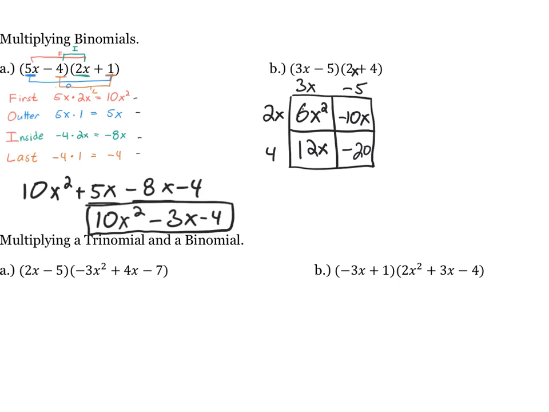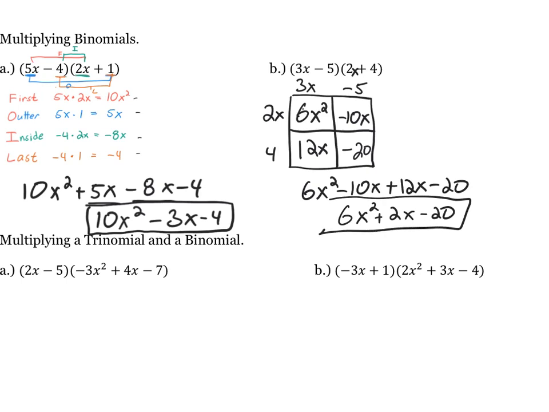Okay, so now I'm going to pull these out of the box in the correct order, like this, and then like this, and it'll be in standard form. So I have 6x squared minus 10x plus 12x minus 20. And when I combine those like terms in the middle, I get 6x squared plus 2x minus 20. So two different ways to do the same thing.